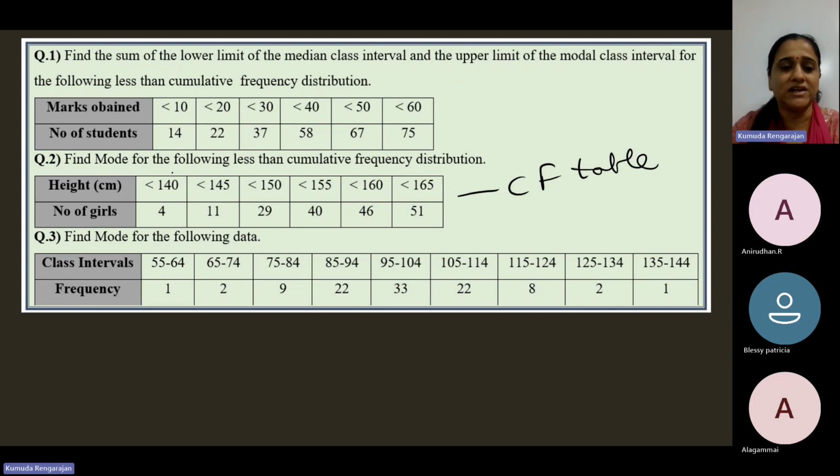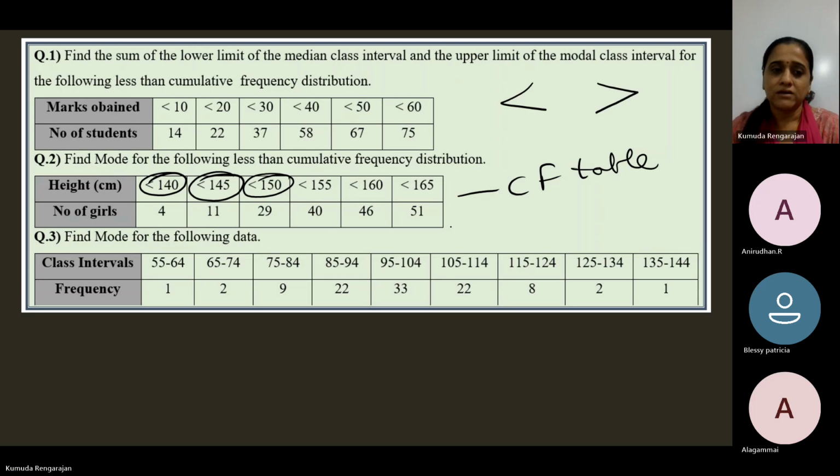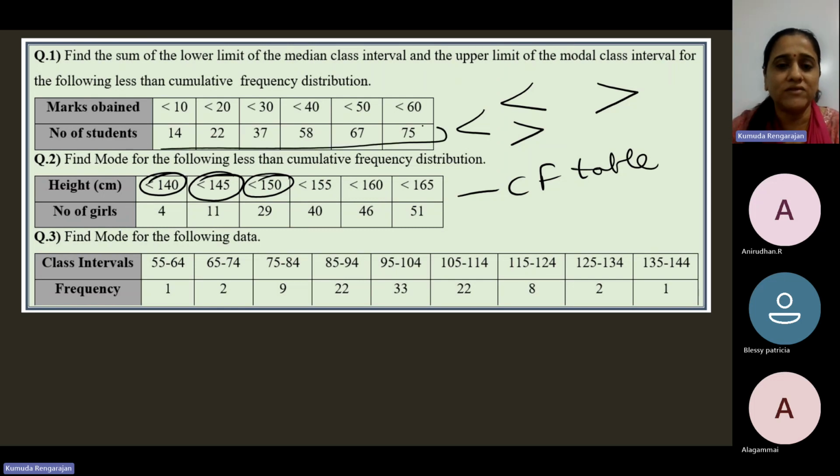Because you don't have class intervals. You have values less than 140, less than 145. Whenever you have the less than or the more than values, the table is called a cumulative frequency table. And so the numbers given here are cumulative frequencies. They're not frequencies.